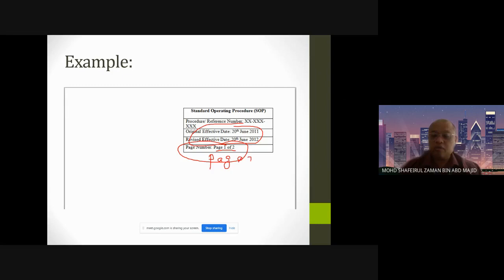If there are 3 pages, the first page is going to be page 1 of 3, the second page, page 2 of 3, and then it goes on. Do not forget about this.